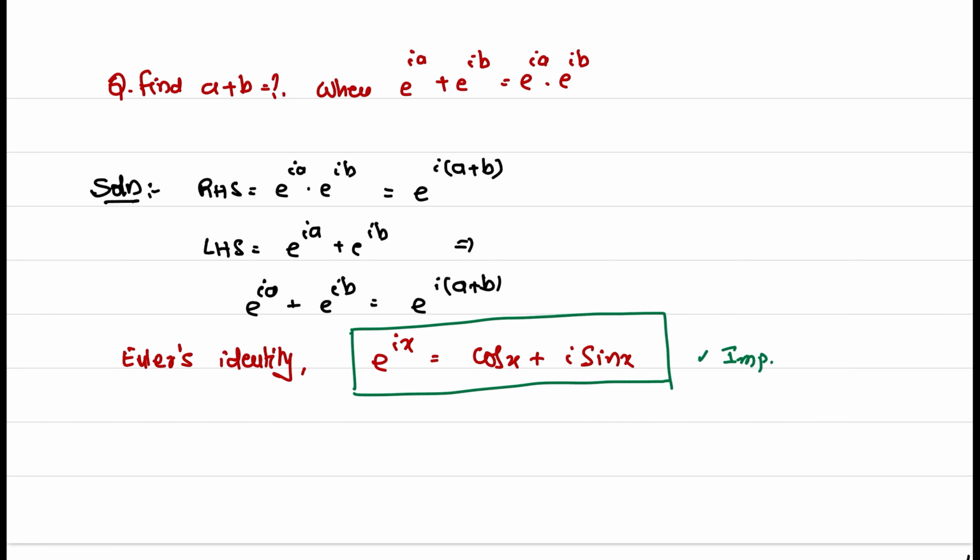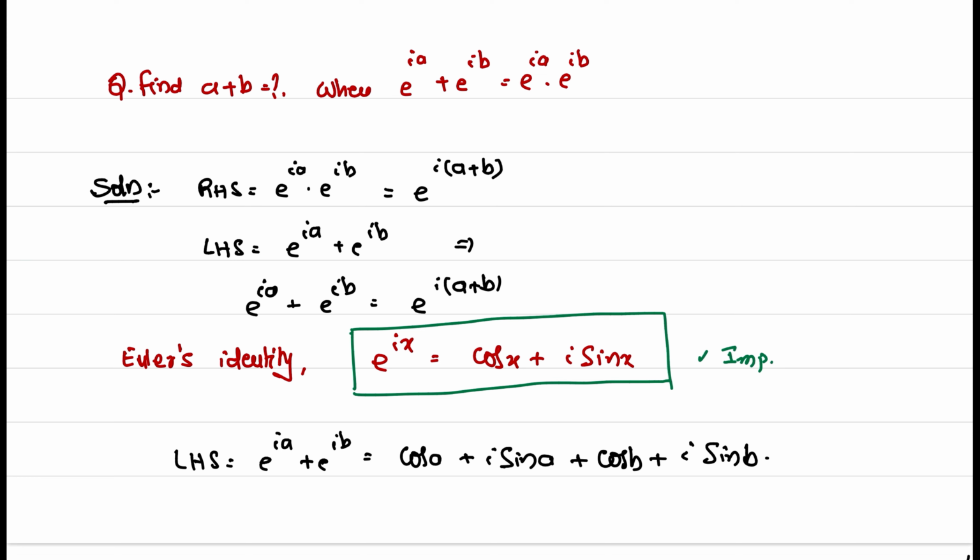Now, by using this, left hand side becomes e to the power of ia plus e to the power of ib is equal to cos A plus i into sin A plus e to the power of ib will be cos B plus i into sin B. This is left hand side.